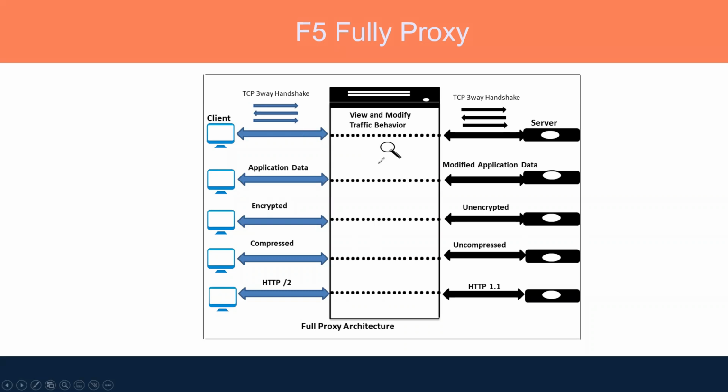So for example, if we have a server over here, and let's say this server is providing web functionality, and this server will be published through F5. So the user would be sending a request to F5, and on behalf of the user, F5 sends the request to the server. So the three-way handshake for this client would happen first with F5, and then F5 would do a three-way handshake to the server. What is the benefit we are getting?